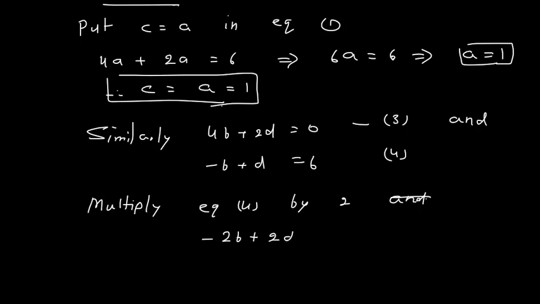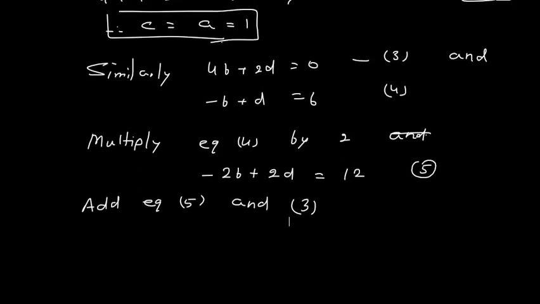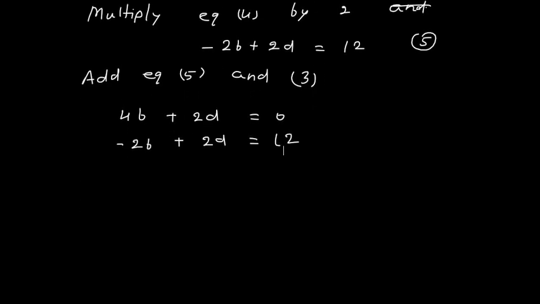Now equation 5 and equation 3. Equation 3 we first write: 4b plus 2d is 0, and minus 2b plus 2d is equal to 12. I am writing add, but here I have to subtract equation 5 from 3.